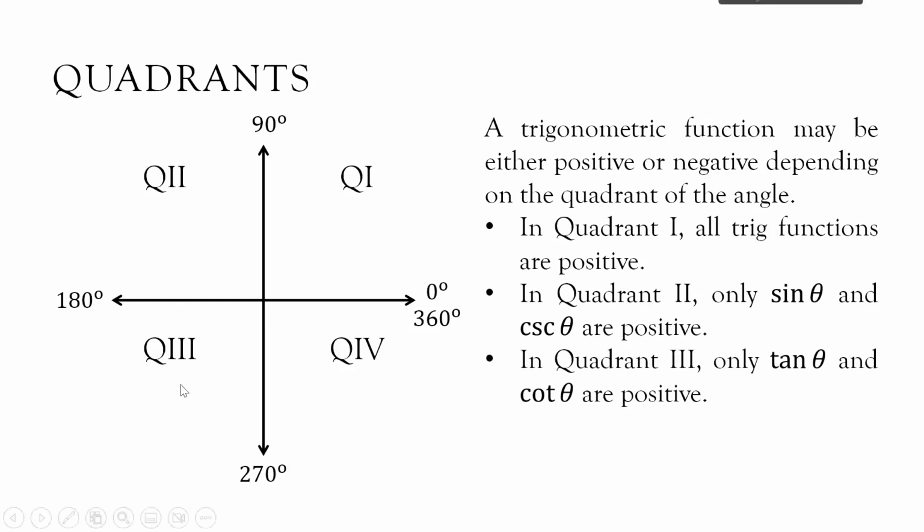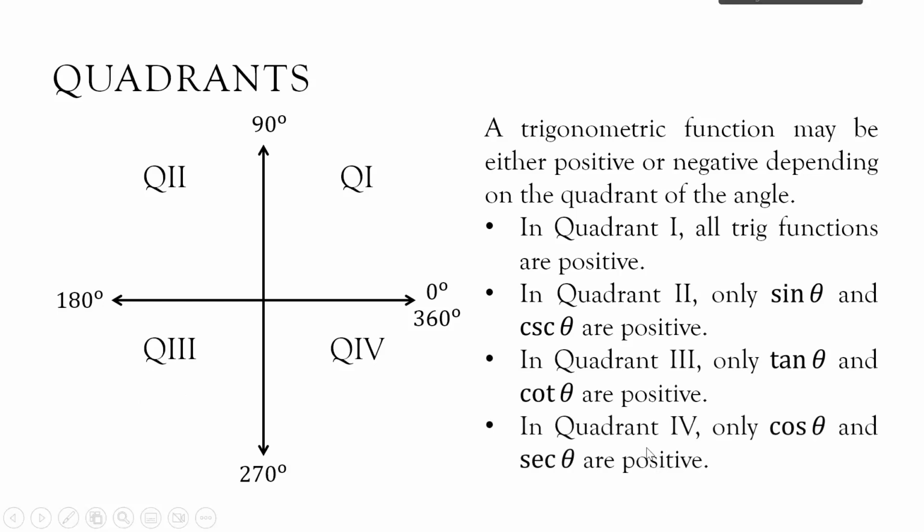All the other trig functions are negative in this third quadrant. And in quadrant 4, only cosine of theta and secant of theta are positive. So we have to keep note of, first off, which quadrant my angle lies within, and which trig functions are positive and negative in that quadrant.